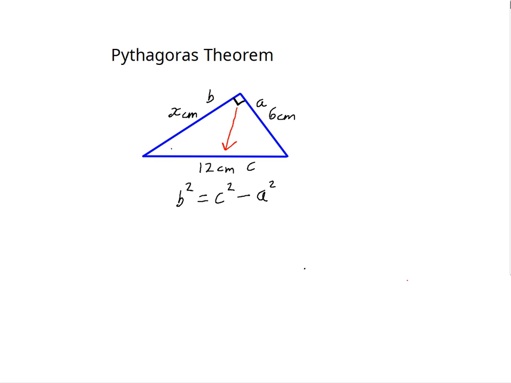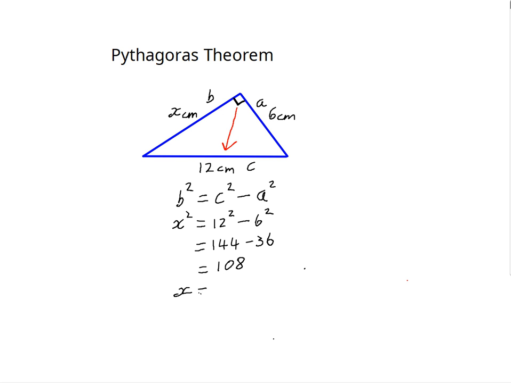I'm going to substitute in x squared. C is 12, so that's 12 squared, minus A is 6, 6 squared. That's 144 minus 36. So I have 108. As we said before, remember, this is x squared, so we have to take the square root of that.